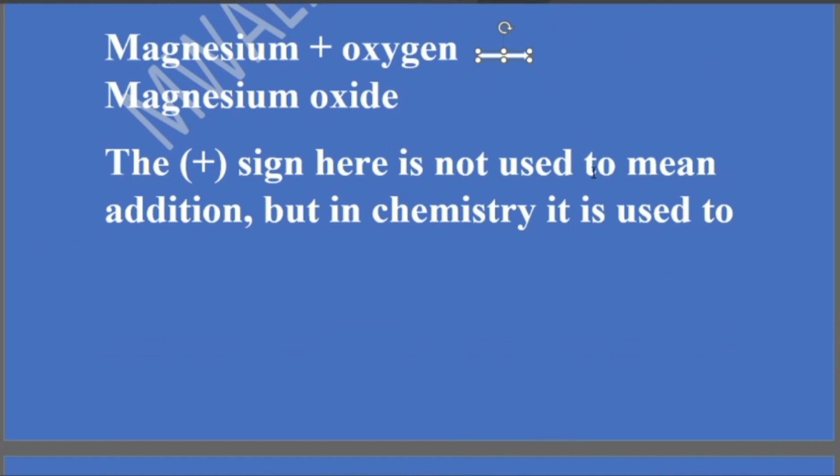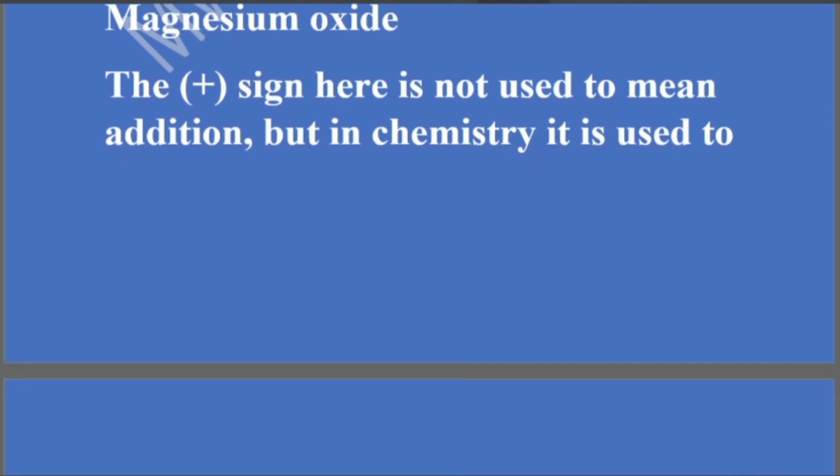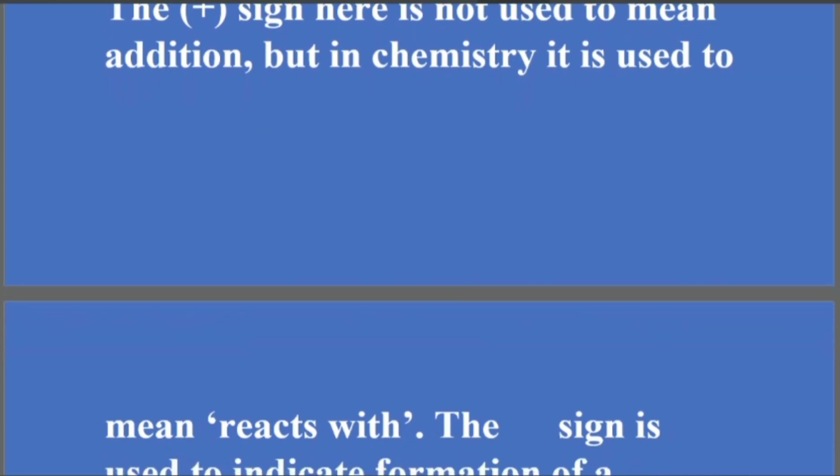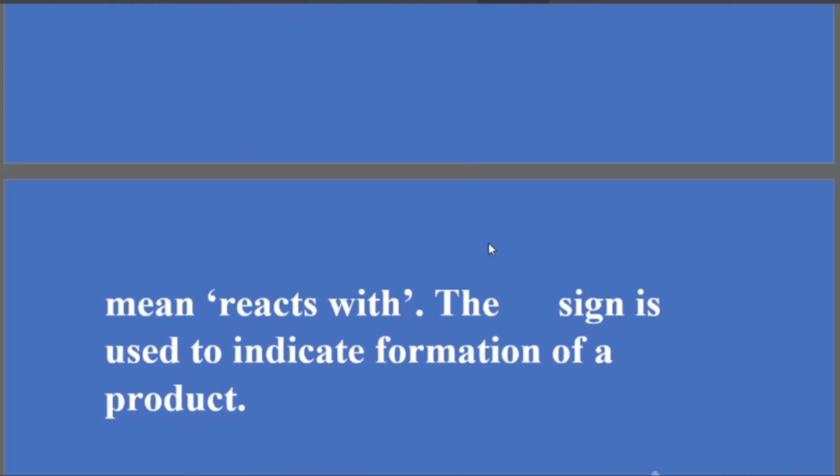Now the arrow sign after the reactants gives us the products that are being formed.